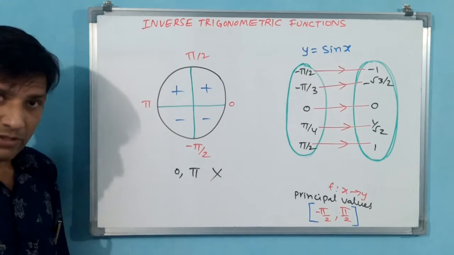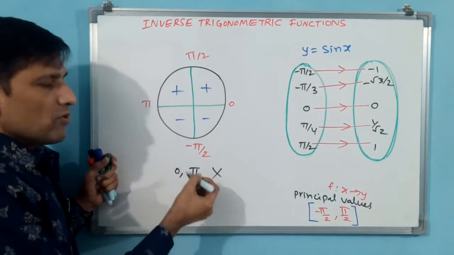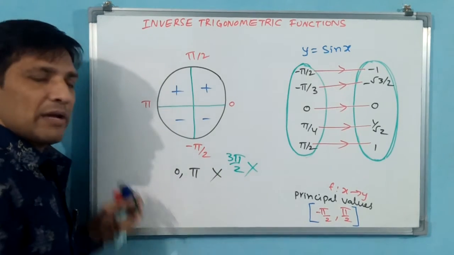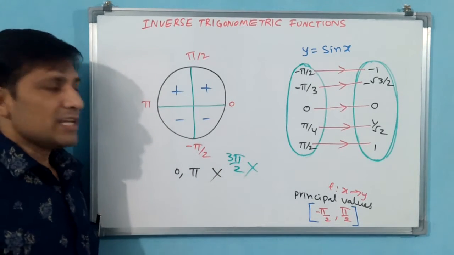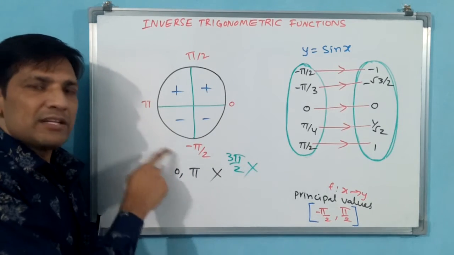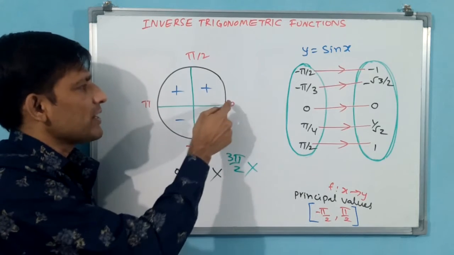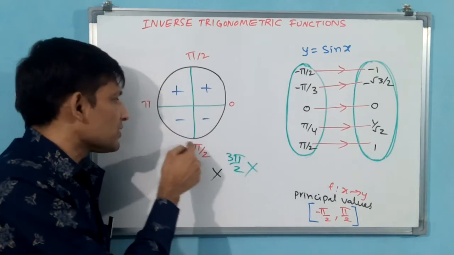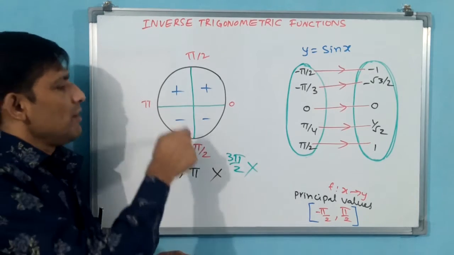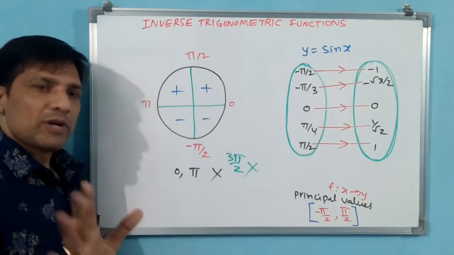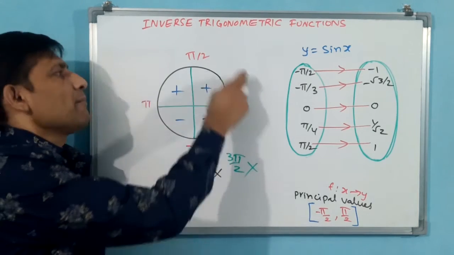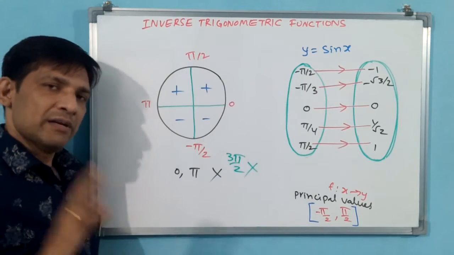Another important thing I want to tell you, see, this should be called minus pi by 2 only, should not be 3 pi by 2. If you call it 3 pi by 2, automatically you have included pi also, unless pi, 3 pi by 2 will not come. 3 pi by 2 would mean 0 to 3 pi by 2. Minus pi by 2 only you have to write, because from here, negative angle and positive angle both you have to take.